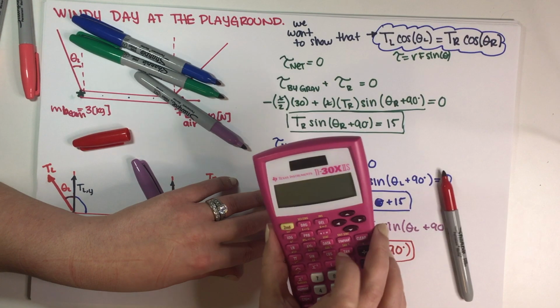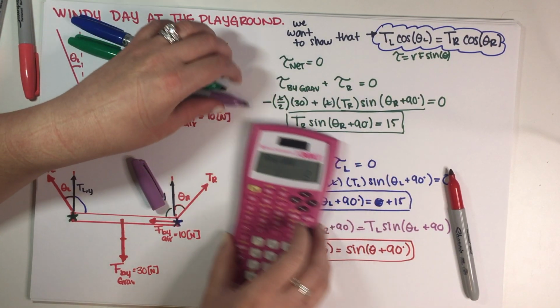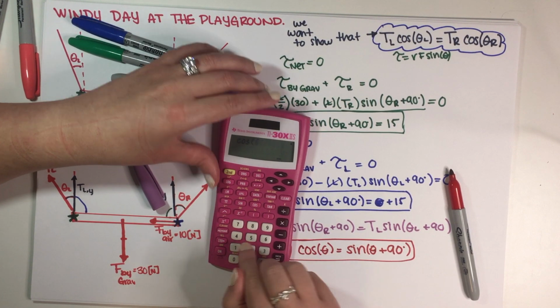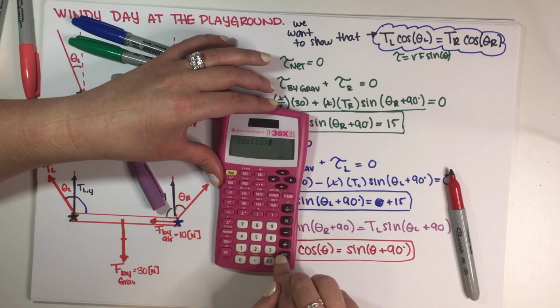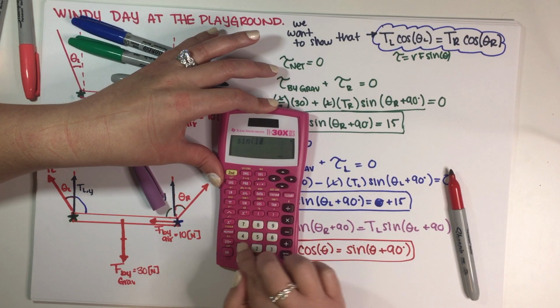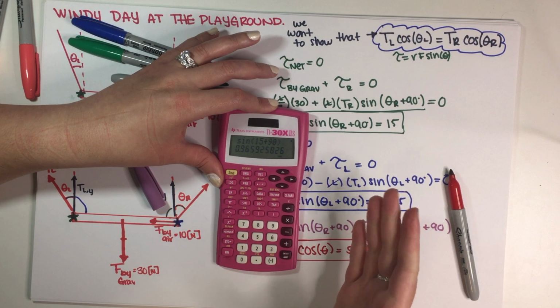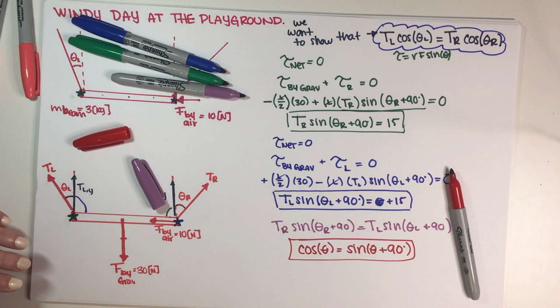If you use it on your calculator for, let's just work with 15, cosine of 15 is equal to 0.96. Well, sine of 15 plus 90, guess what? Same number, because this is a property. It always holds.